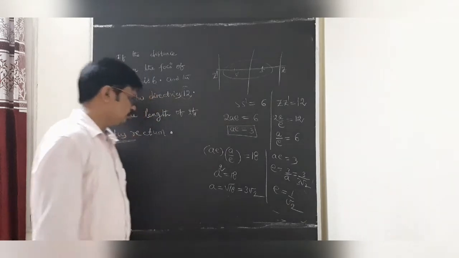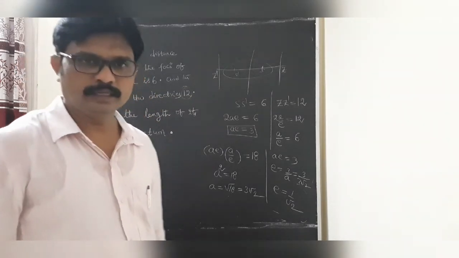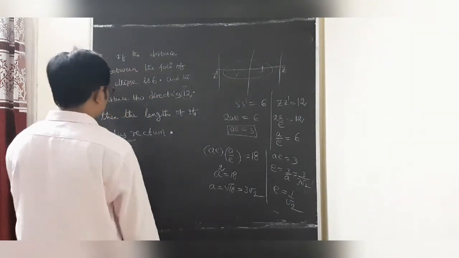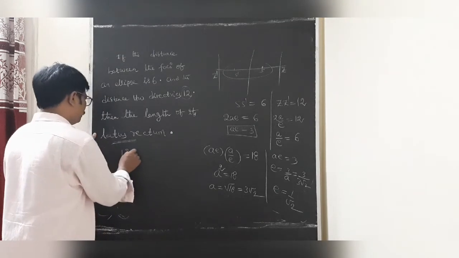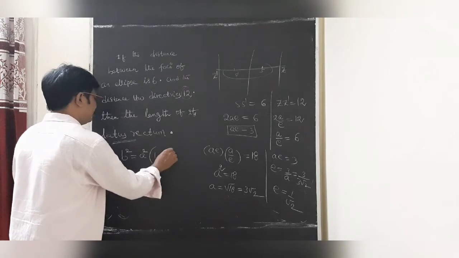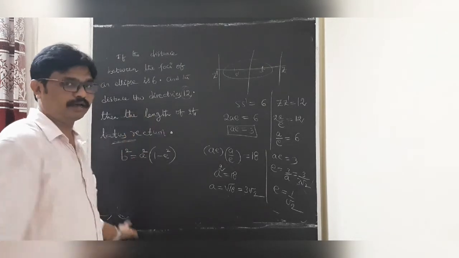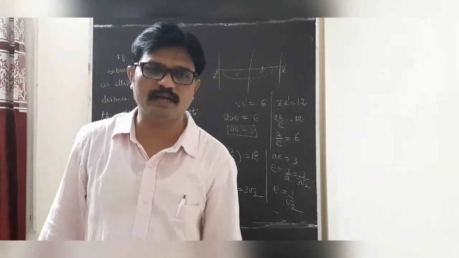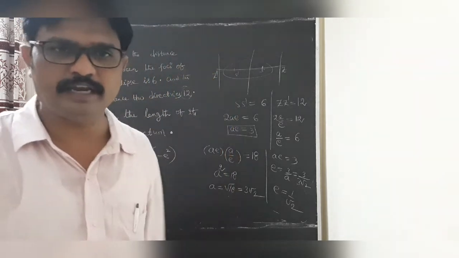Now students, we have to know that in an ellipse, the b square formula is a square into 1 minus e square. In a hyperbola, the b square formula is a square into e square minus 1.